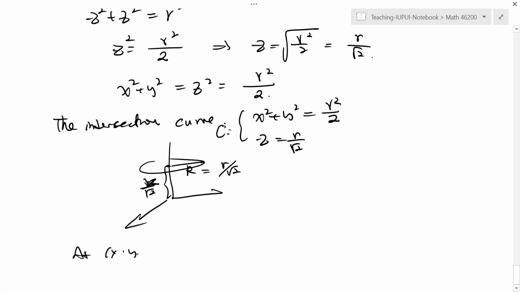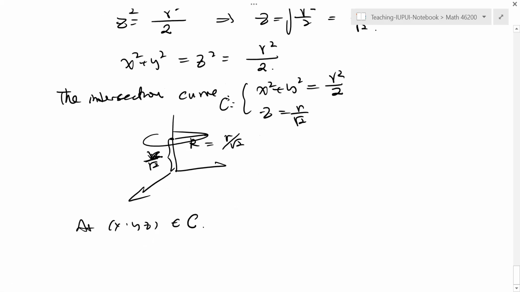at the point x, y, z on the curve C, I'm going to find the normal vectors of those two surfaces. For the sphere, it's easy to find out. I think I don't even need to waste time finding it. For the sphere, all you have to do is just extend that direction to get a normal vector.